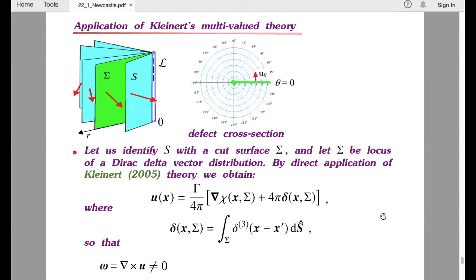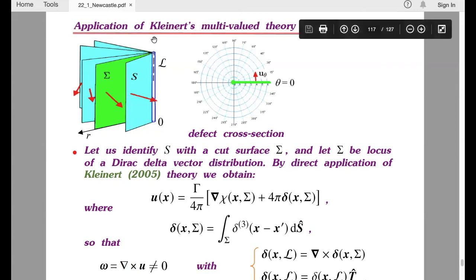So now we are okay because vorticity is definitely different from 0. Why? Because although the curl of grad is still 0, you can take the curl of this bold delta, and what you find very nicely is that you get a bold delta, a distribution along the nodal line L, which is in actual fact representing the vortex line.